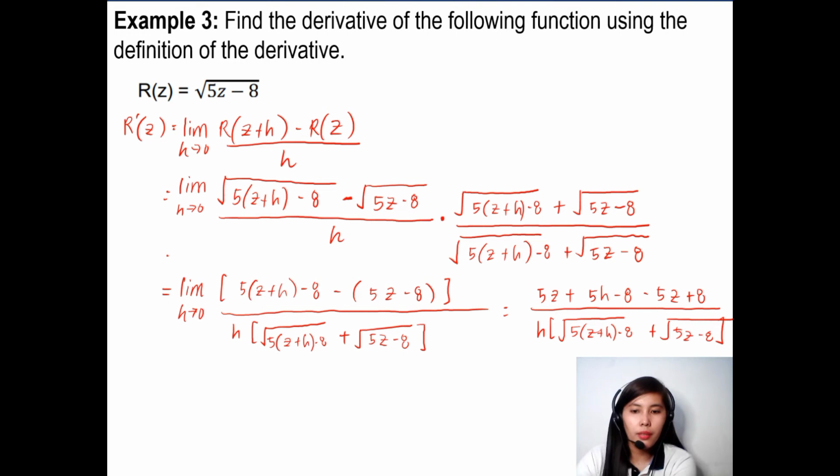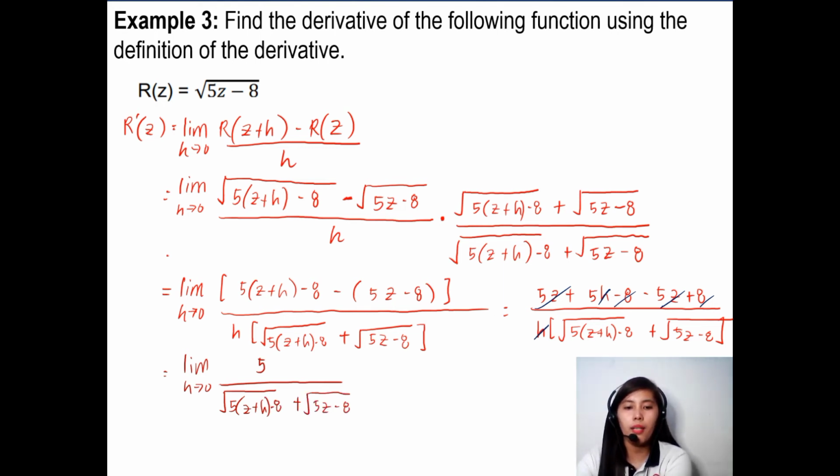As you can see, we can cancel out 5z and the 8 and also the h. So we will have the remaining 5 in the numerator, and in the denominator, we have the square root of 5 times z plus h minus 8 plus square root of 5z minus 8.